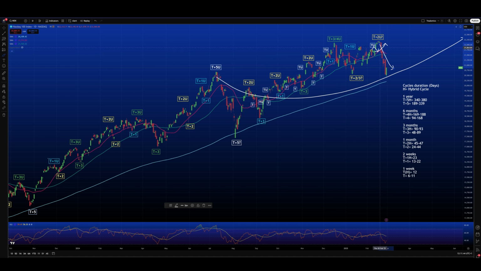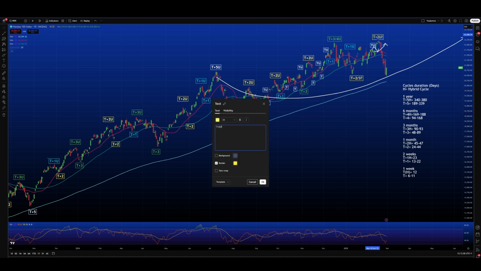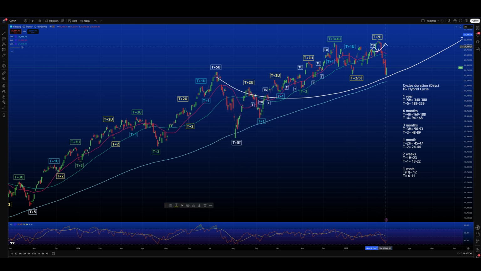It might be as long as the grade of the cycle. So the longer the cycle or the bigger the cycle, the longer we can have the downtrend to start upward cycles. Okay, so here we can remove the question mark, because we definitely have the evidence of a T plus 2 upward cycle that has just begun.